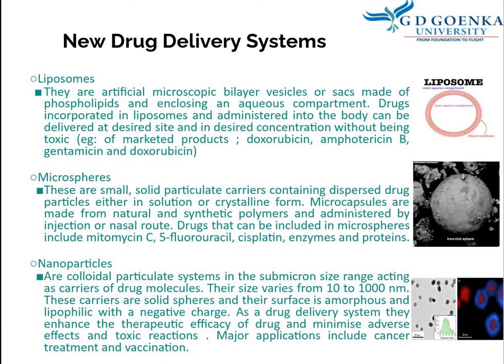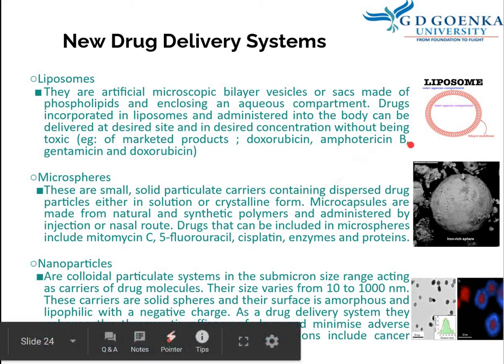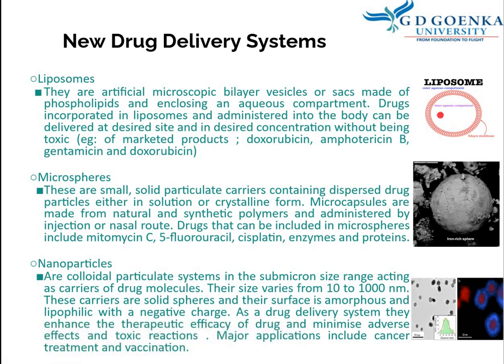Liposomes. They are artificial microscopic bilayered vesicles or sacs made of phospholipids and enclosing an aqueous compartment. The aqueous compartment contains the drug substance or a drug substance with polymer. This is a bilayer lamellar vesicle made of phospholipids.